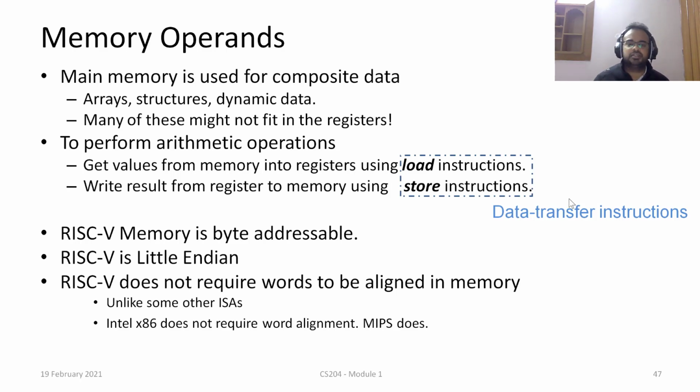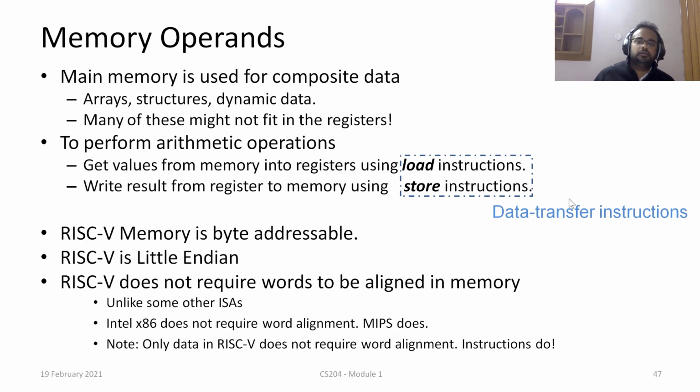So x86 is a CISC type ISA, and MIPS, as I mentioned in one class prior to this, belongs to the RISC ISA. Now, an important point that I would like all of you to note is that in RISC-V, only the data memory, meaning the place where all the data is stored, is relaxed of this word alignment.